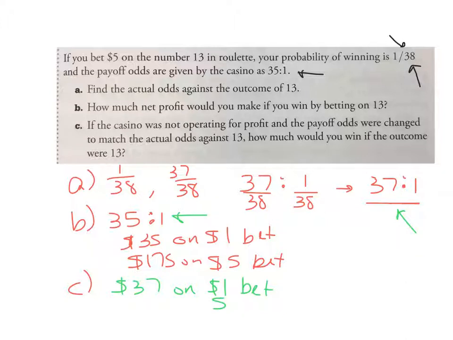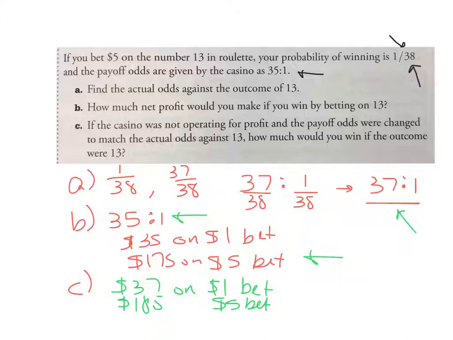So if you did a $5 bet, you would do 5 times 37, which would be 185. So what the casino is doing is they're making $10 even if you win. Most casinos are in it for profit, so that's what happens there. So hopefully that makes a little bit of sense how the odds work. So when you see those, you can kind of tell.